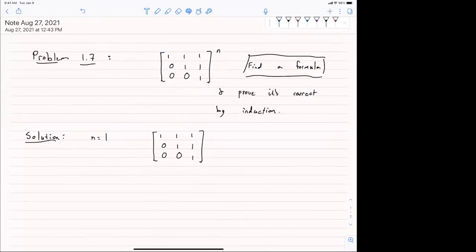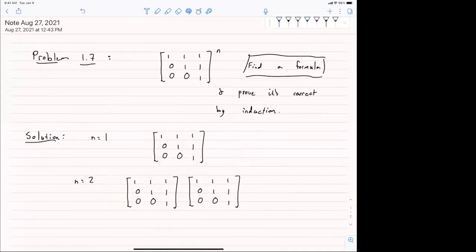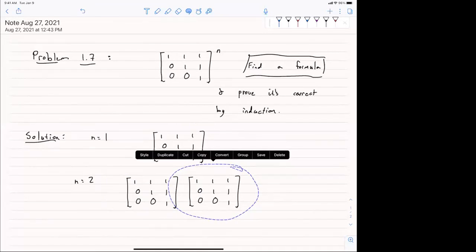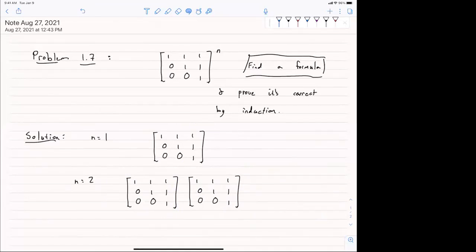So this is what I get. Now for n equaling 2, I have to do just a little bit of matrix multiplication. I can do that just using some arithmetic. Let's see what we get.